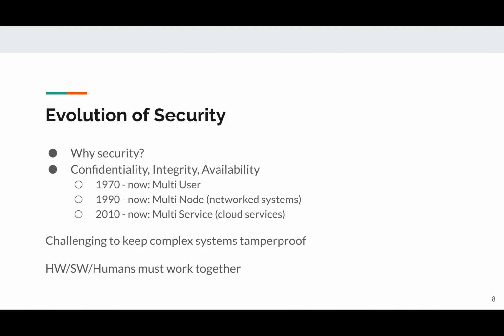But there are more ways of examining a complex system. Now, as we said in the previous example, we might have multiple users executing on the same system. In the beginning, when computers became a commodity, they would only have one user at any given time.